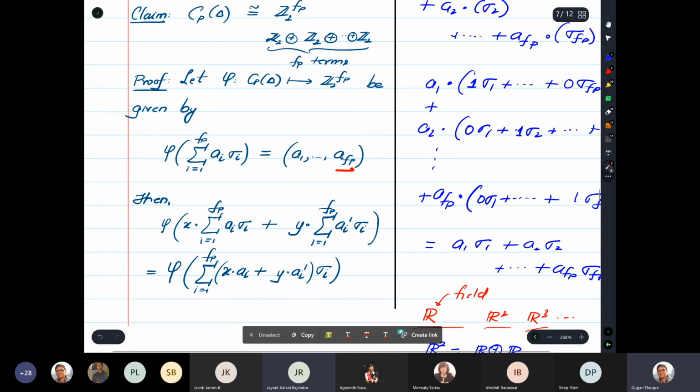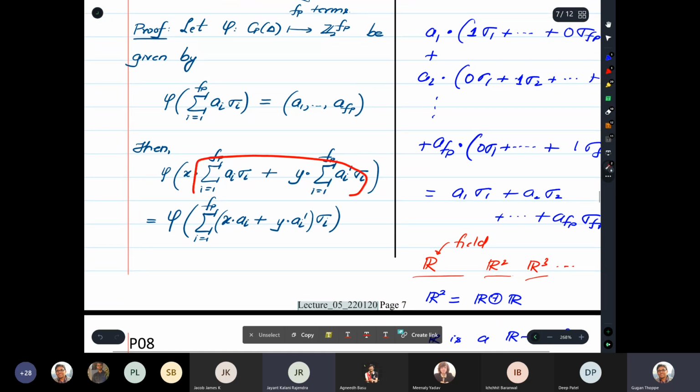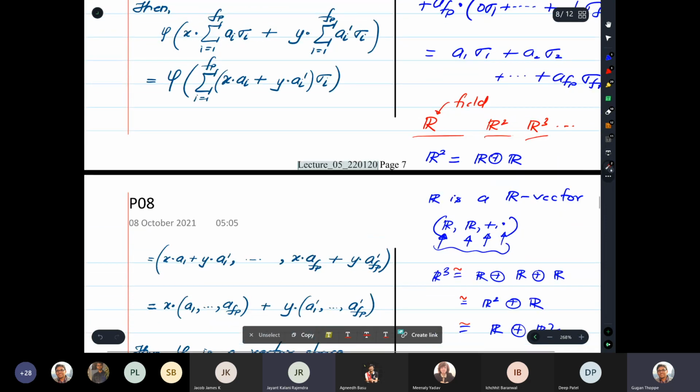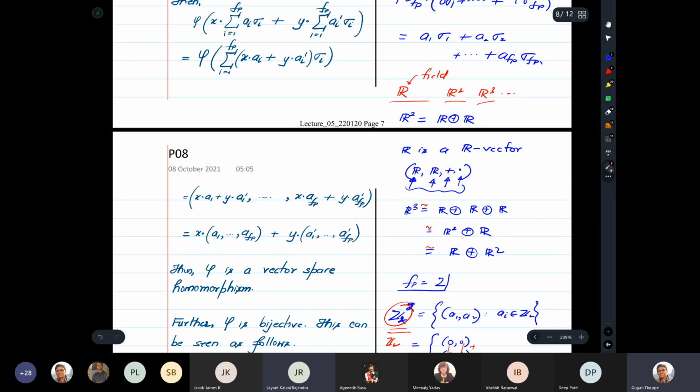So this is the map, and you will be able to check that if you take a linear combination on the left hand side, this map, the way we have defined it, actually satisfies the property that this is equal to x times phi of the summation a_i sigma_i plus y times phi of the summation a_i prime sigma_i.